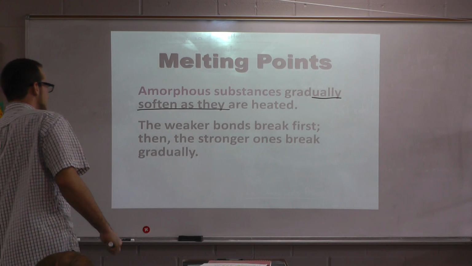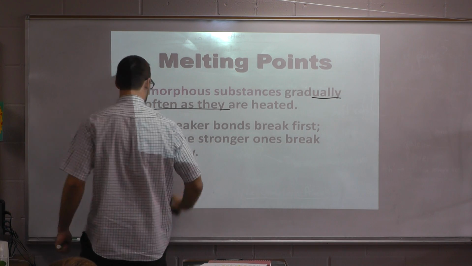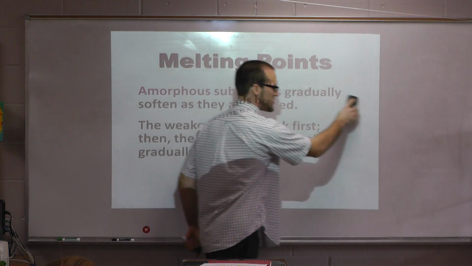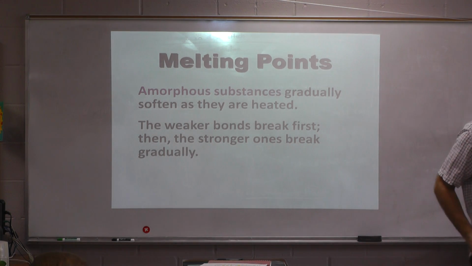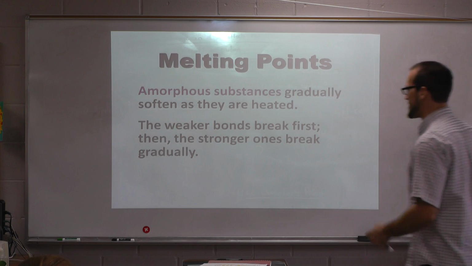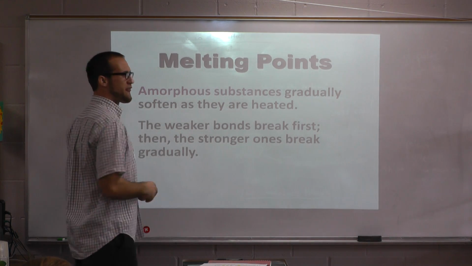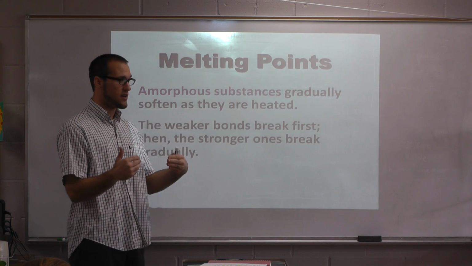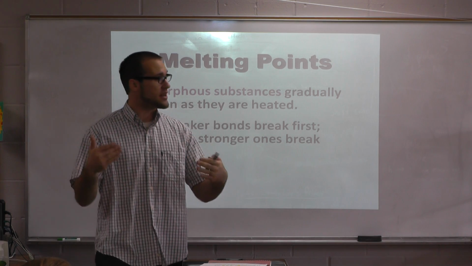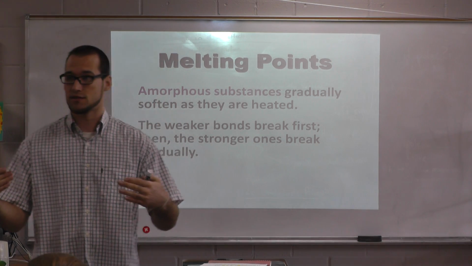Some will melt at some point. So amorphous is going to melt, freeze, boil, condense, not all at the exact same temperature. And the reason why is because are all the bonds exactly the same? No. And so what you have is the weaker bonds will break first or at a lower temperature, and then the temperature will have to increase a little bit to break the stronger bonds.